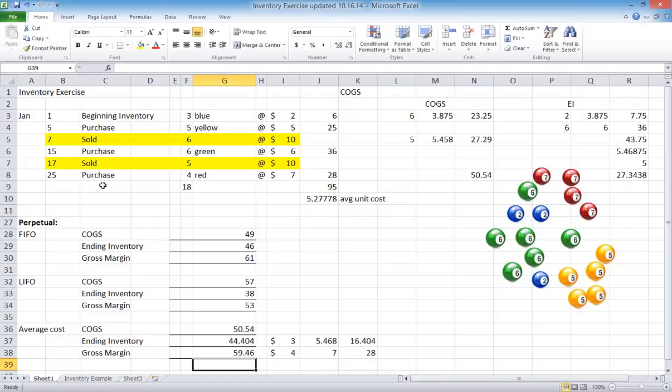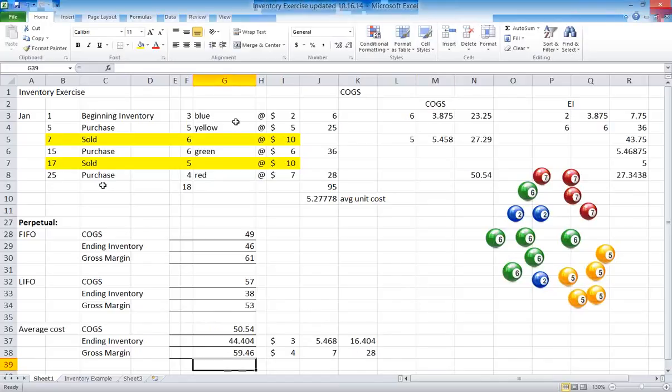Okay, so average when I'm doing perpetual is harder, right? Would you agree? Yes, wow, yes. Okay, I know I made that look a little more confusing than it really had to.